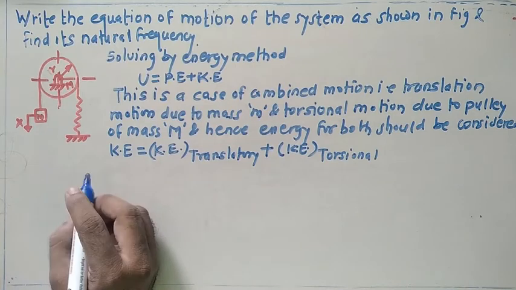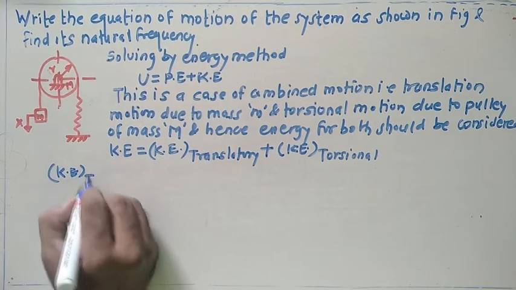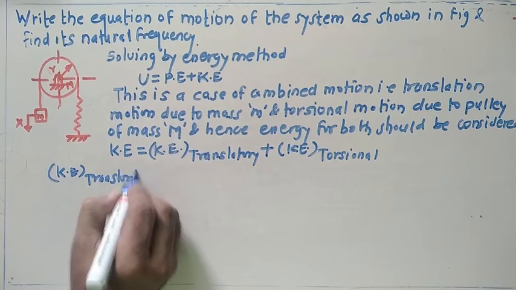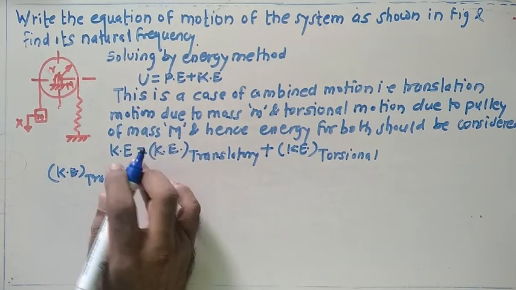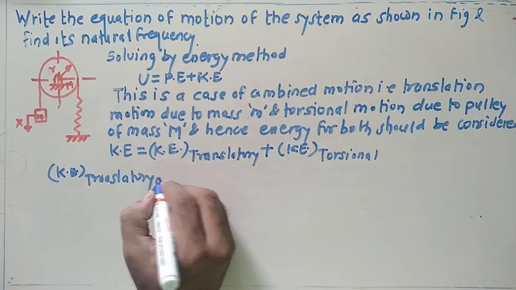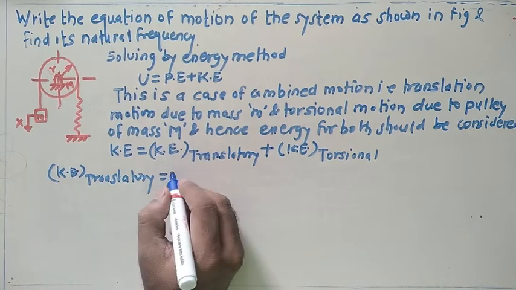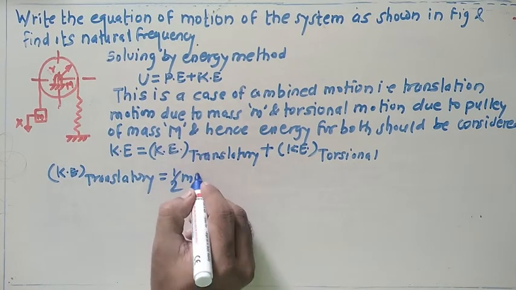If I consider the translatory motion just of the small mass, the kinetic energy is nothing but 1/2 mass into velocity square.